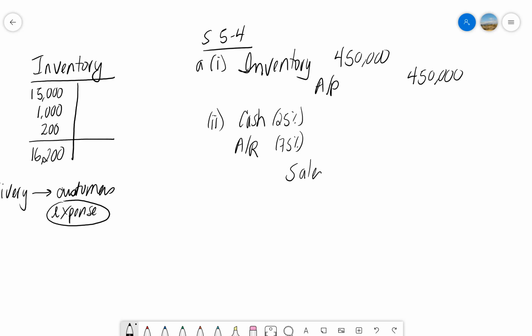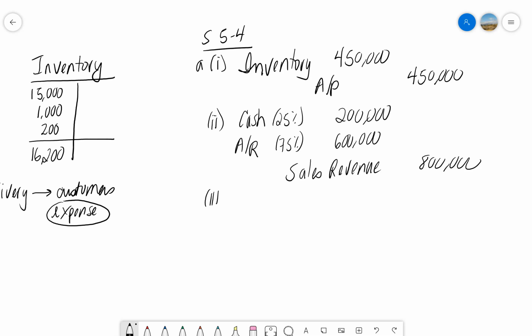And then we would credit our sales revenue for the full amount. So our sales revenue is $800,000. If we take 25% of that, our cash that we collected was $200,000, and our accounts receivable would be $600,000. So that again is the journal entry for part two of A.